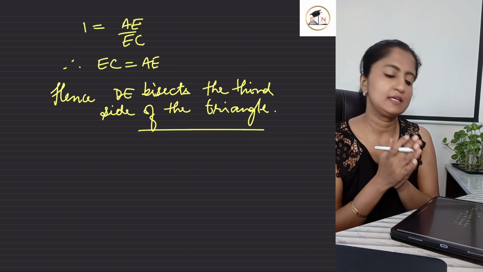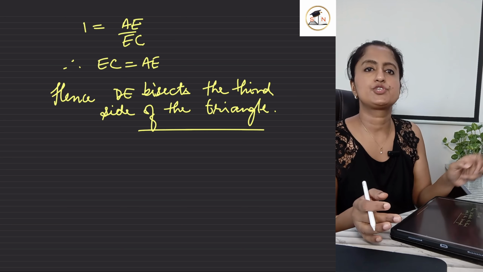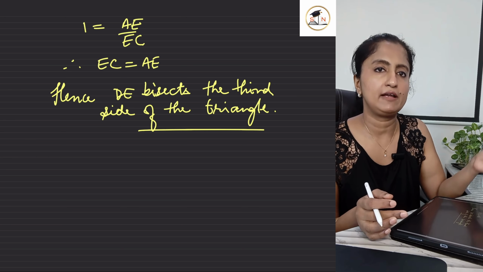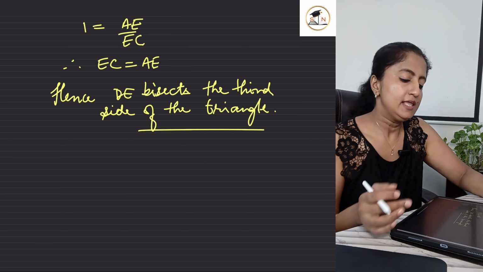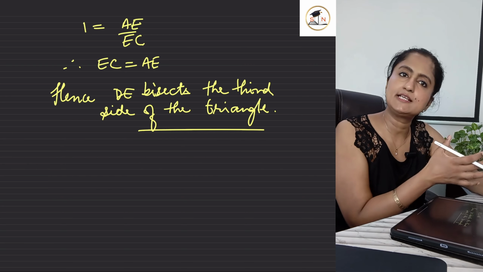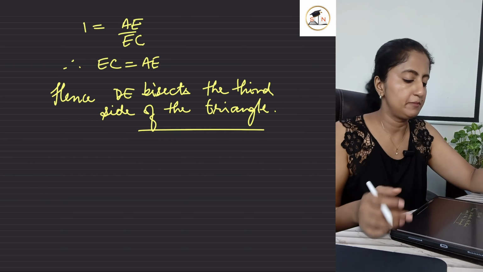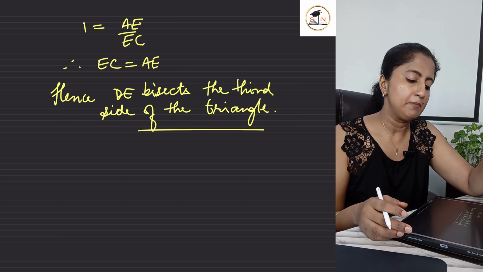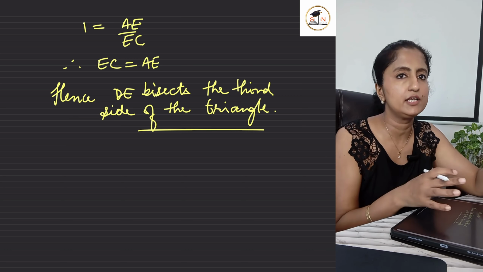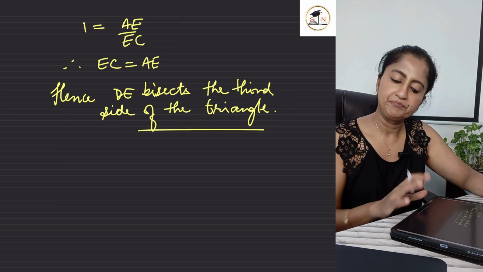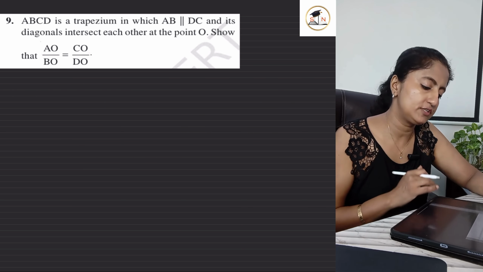It is always recommended that whatever the question asks, you conclude the final statement using those kind of or similar words. That actually shows that yes, you had understood the question. Mathematically, you also prove, and by the end, you are writing the conclusion in clear English words as well. So that's all with respect to this question.